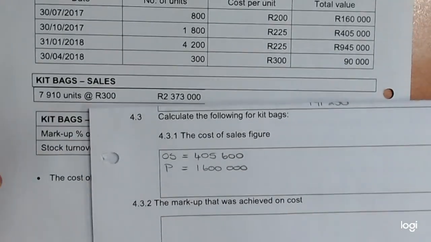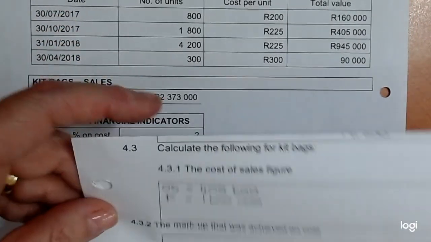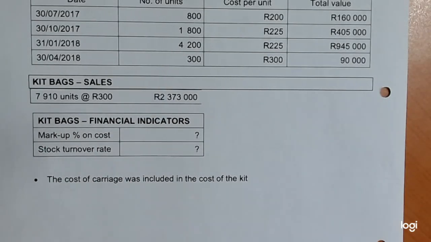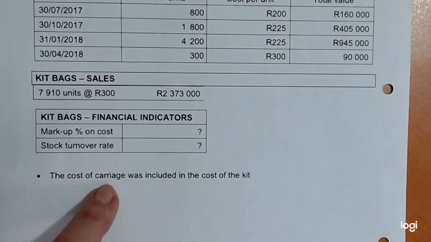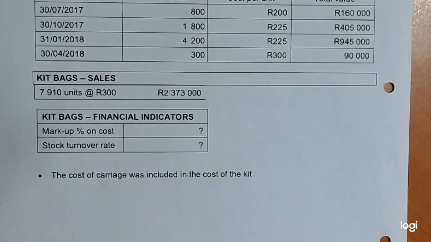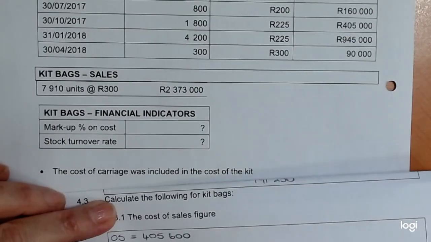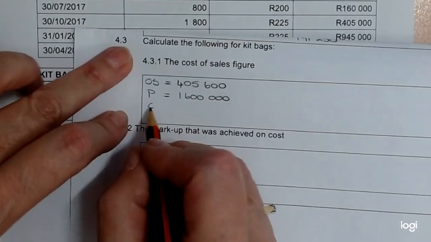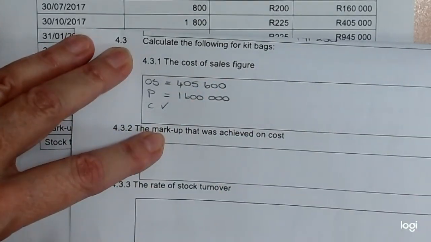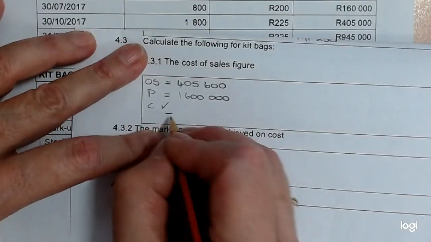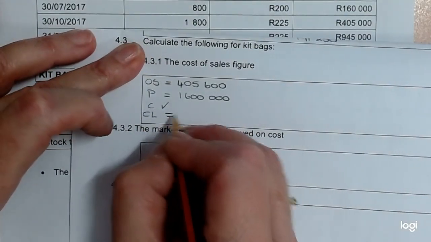Now the carriage on purchases and the custom duties. Here, the carriage on purchases is included in the cost, so I don't have to put it separately there. There's no custom duties.